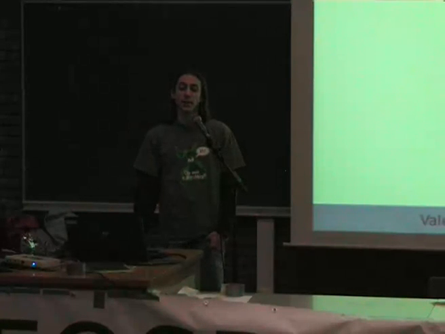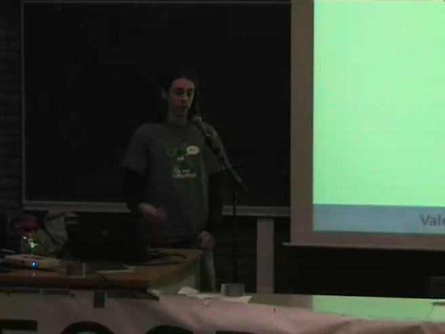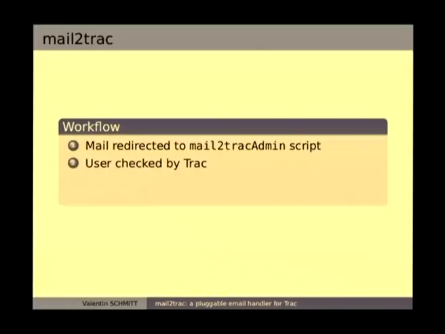Then the user who sent the email is checked against the users known by Trac, which gives you the authorization and authentication to do things or not. The whole mail is parsed by mail2trac to check fields and to get the action to actually do. And then it uses Trac's workflow to perform this action.